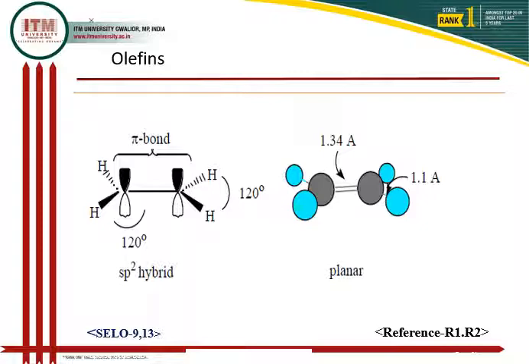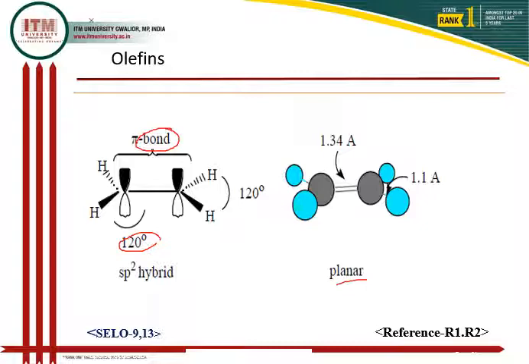Due to the sidewise overlapping, this is the formation of the pi bond, and this is the sp2 hybridized orbital with a hydrogen to the carbon with the angle of 120 degrees. So this is the sp2 hybridization found in the olefins and having the planar structure.